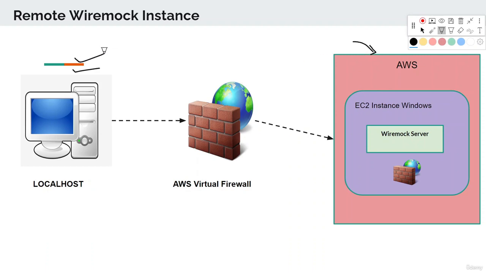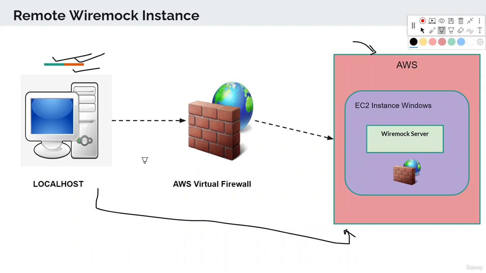We are separately setting up a Wiremock server on a remote machine, and all the Wiremock features, all the stubs and mocks you want to create, all the transactions you want to stub, will be done on the local host, but it will be tied to the remote Wiremock standalone instance. So let's see how this will work.